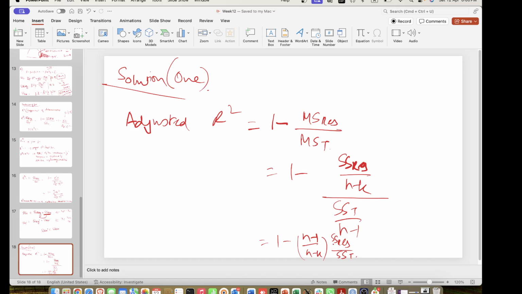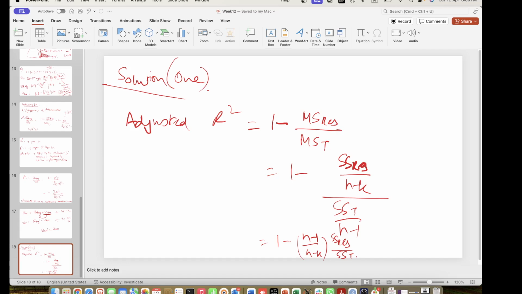But at the same time, SS residual will decrease if we keep on adding more variables. So the trade-off is between n minus k, the penalty imposed upon including new variables, and the fact that as we increase the number of explanatory variables in the model, my error sum of squares is going to decrease.